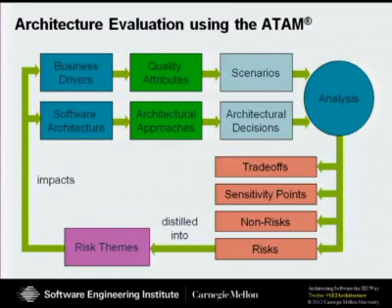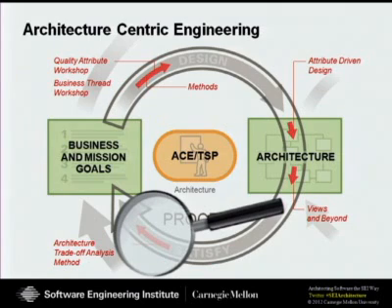We take those risks together and look at whether there are common themes, and if so, we say, okay, here is your business driver that is in jeopardy because of those decisions in the architecture. Now, that was architecture evaluation.